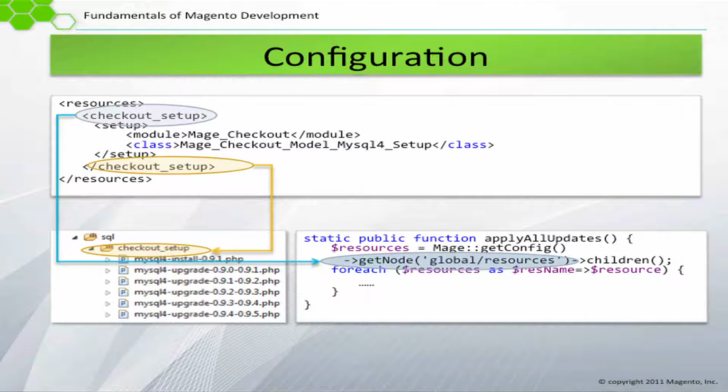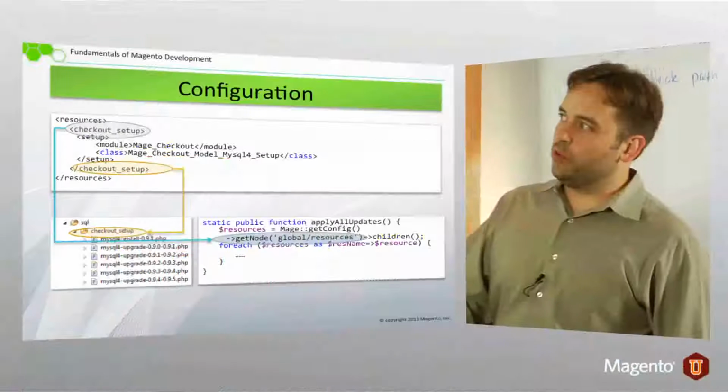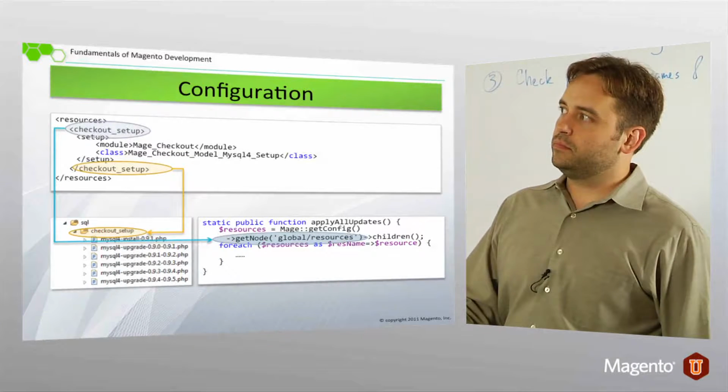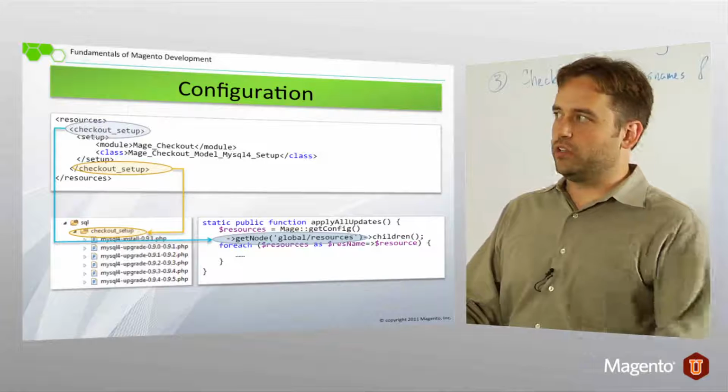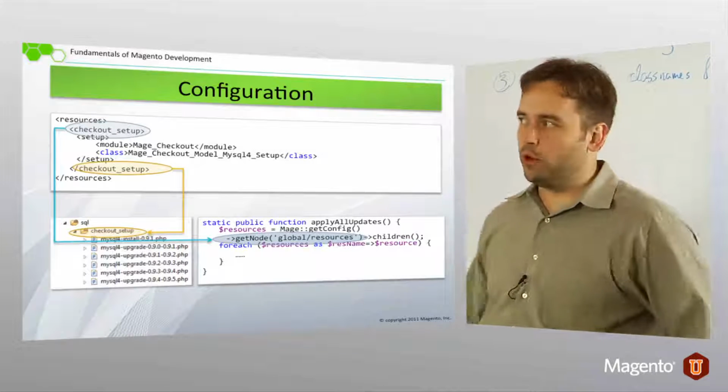So, of course, we need configuration. That folder under SQL, that folder name, is the node name under resources. So here we've specified checkout_setup under a resources node, and we'll look at the full configuration in a moment.